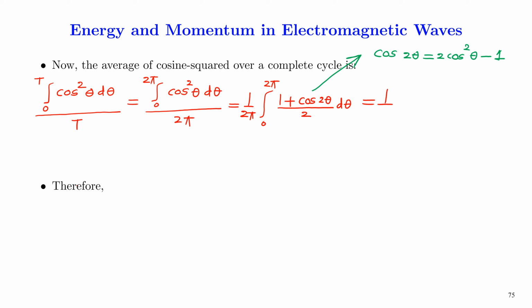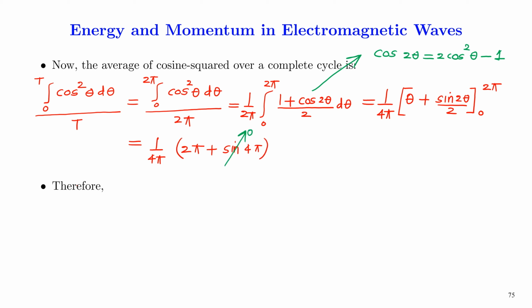And this is equal to 1 over 4 pi times (theta plus sine 2 theta divided by 2). The integration limits are from 0 to 2 pi. And this is equal to 1 over 4 pi multiplied by (2 pi plus sine 4 pi). When we apply the integration limits, the second term is 0, so that we get the final result equal to 1 over 2.